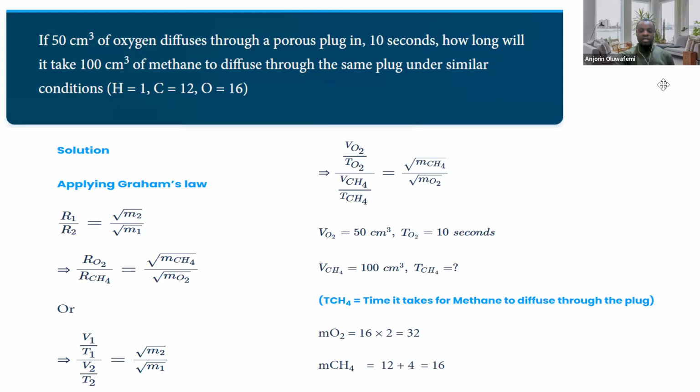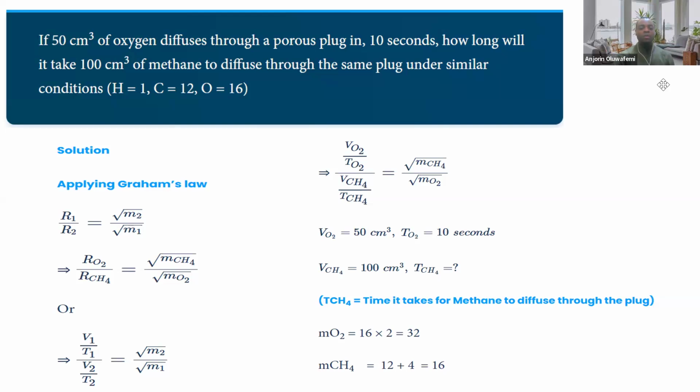Then the known quantities that were given to us, we write them out. So our volume of oxygen is 50 cm cubed, our time is 10 seconds, and our volume of methane is 100 cm cubed. Then the time is what we are looking for. We also know the relative molecular masses, and you can actually calculate those easily.